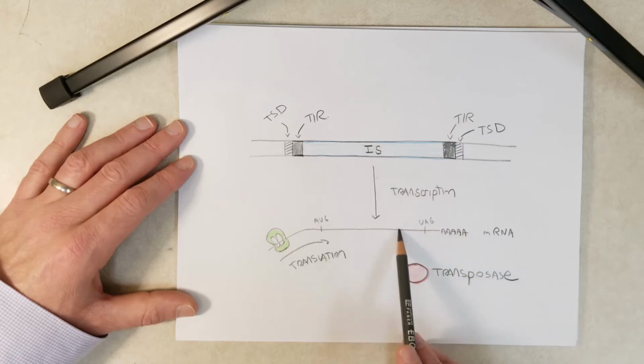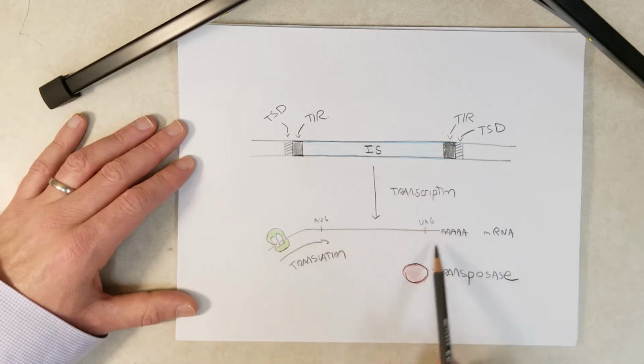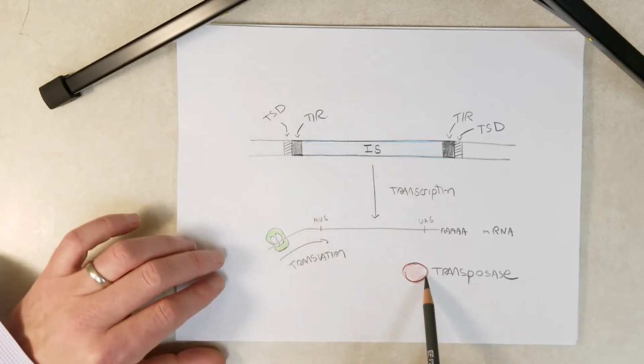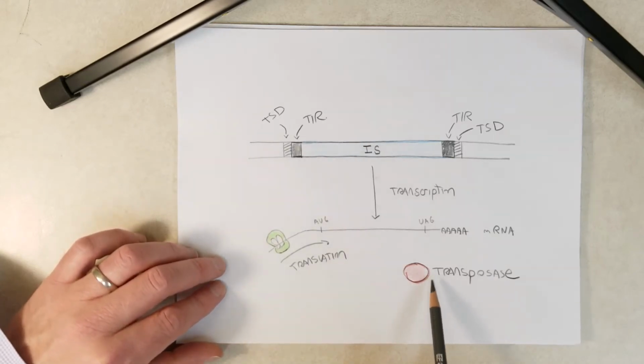And that messenger RNA codes for the transposase. So I have a ribosome on the messenger RNA translating it, and that's going to lead to production of the transposase. Now what we actually need is two copies. We need two transposases here.